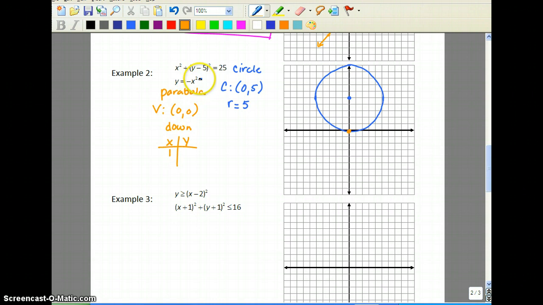Remember, square it first, then take negative. Use your axis of symmetry. Plug 2 in. Square it first, you get 4, then negative. And use your axis of symmetry. So you get this parabola. And where do these two cross? Only at this point. So the answer is 0, 0.